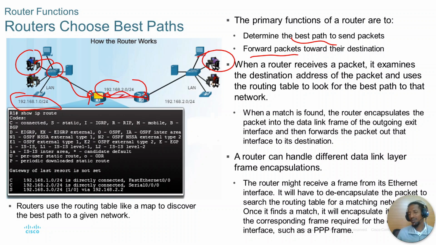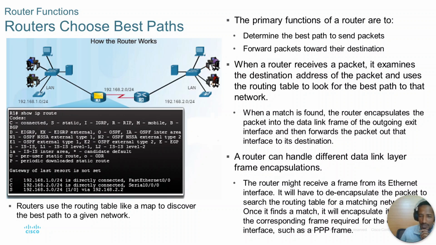Also, we can say that there are different types of data link layer encapsulations. We can call them frame encapsulations. The way that you send from one network, for example from this LAN to this network, is completely different.